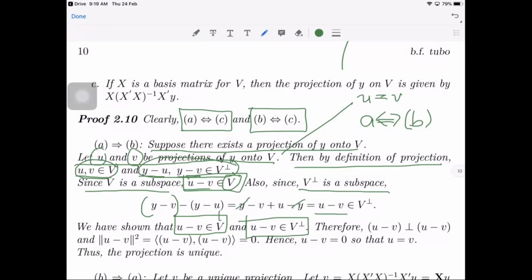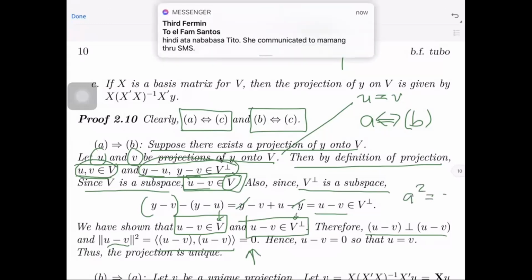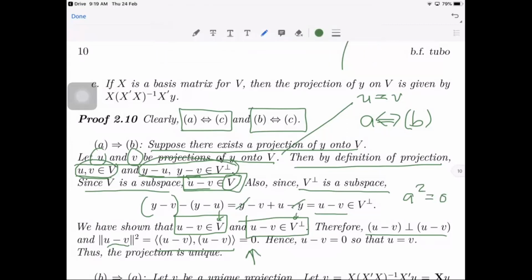When one vector is in V and the other one is in V perp, when you get the inner product, it is equal to 0. Correct? So the inner product of U minus V with itself is equal to 0, that is, A squared equals 0. So either A is 0 or A is 0. So it means that A is 0.